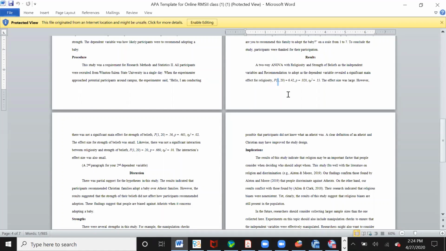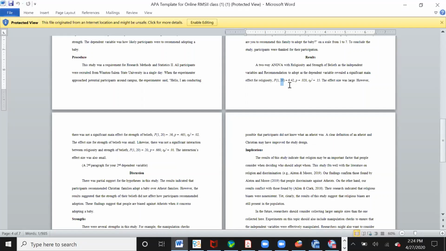What were your degrees of freedom? It says 1. That's right. And then the second number is your degrees of freedom error. What does it say for degrees of freedom error? Wait, which one is that? What do you mean by the second one?